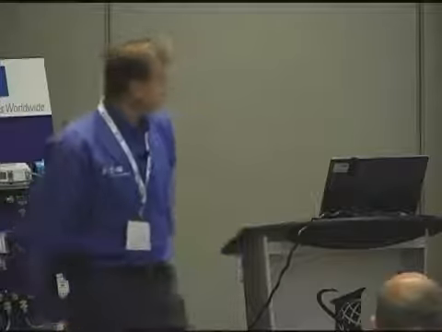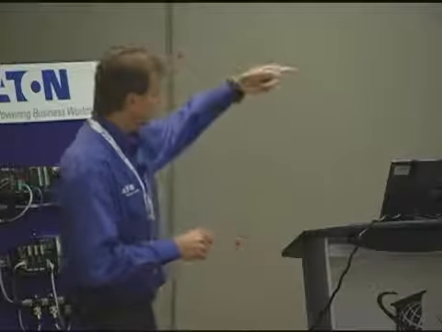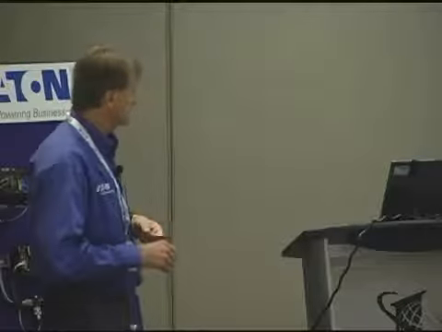Then we have a bus topology. The difference with this one is they are still all connected together, but that thicker black line down the middle between the nodes is called the bus, and every little node that comes off of it is referred to as a drop. Some people call it trunk line and drop lines, the middle being the trunk line and the little ones being the drop lines.